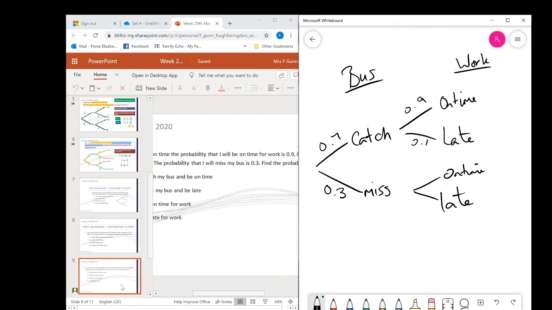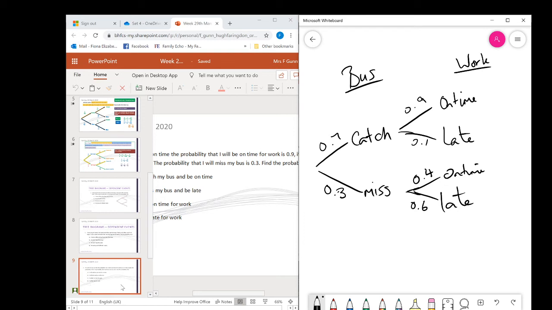Remember, these pairs of branches have to add up to 1. If I miss my bus, the probability is 0.4. So we're still talking about if they get to work on time, so that will be 0.4 for getting to work on time, which means it'll be 0.6 for being late. Remember, these two numbers have to add up to 1.